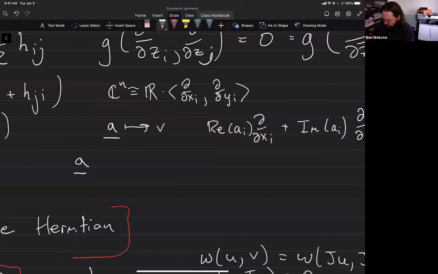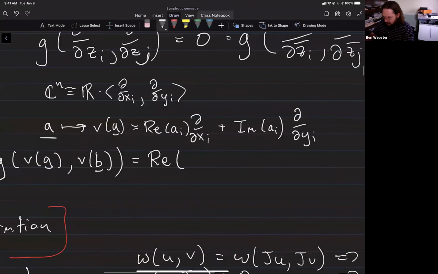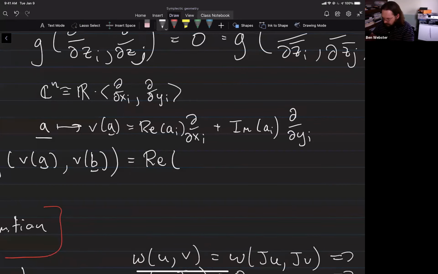Let's call this V(a). So the metric G applied to V(a), V(b) is a real number, and if you go through all the algebra, what you'll find is that it's the real part of a star H b.